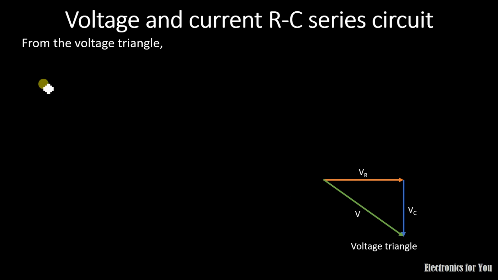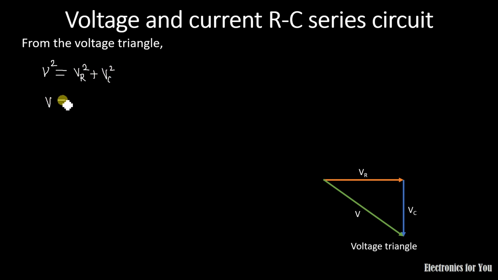The overall voltage V will be given by Pythagoras theorem. It will be V square equals VR square plus VC square.